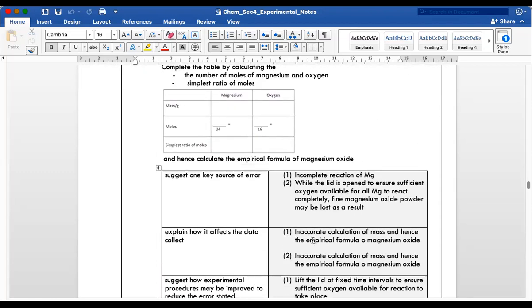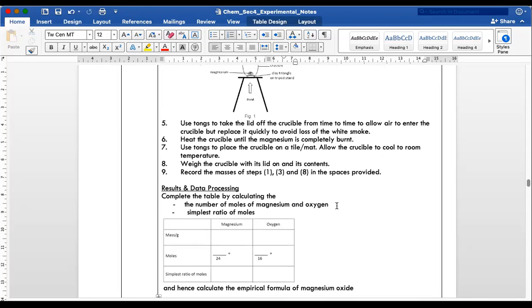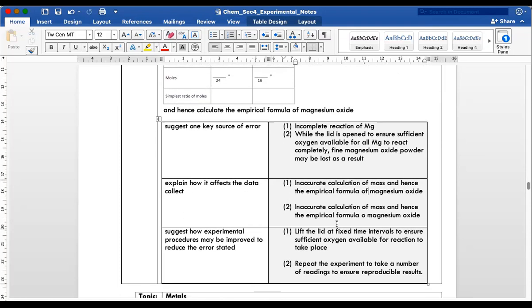So that will result in wrong calculation, and hence the empirical formula of magnesium oxide may be calculated wrongly. Or when the lid is opened to ensure oxygen is reacting with the magnesium, some of the magnesium oxide could have escaped and been lost. So that will also cause inaccurate calculation of the mass and hence the empirical formula.